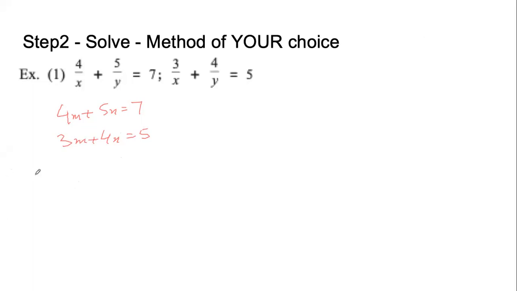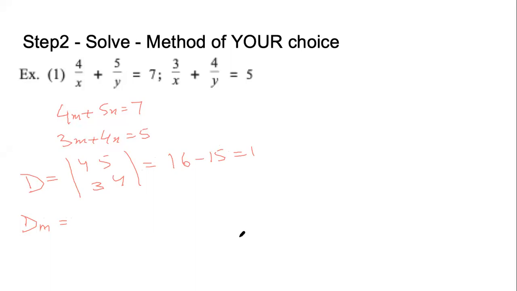So we will have to find 3 determinants. First determinant is D: 4, 3, 5, 4, which comes to 4 into 4, 16, minus 5 into 3, 15, equals 1. Next, Dm. This is where I had written wrong when I sent you the notes.